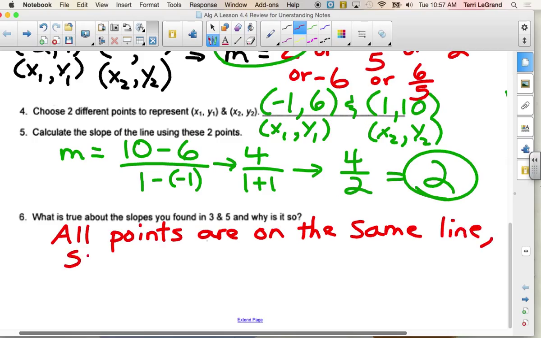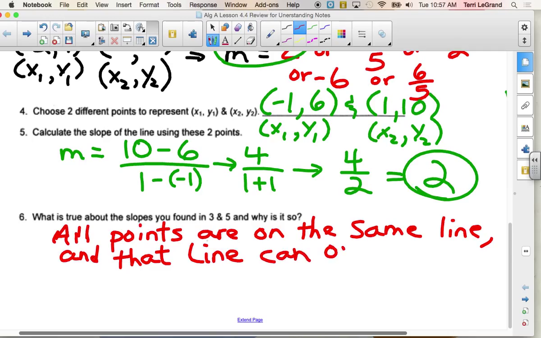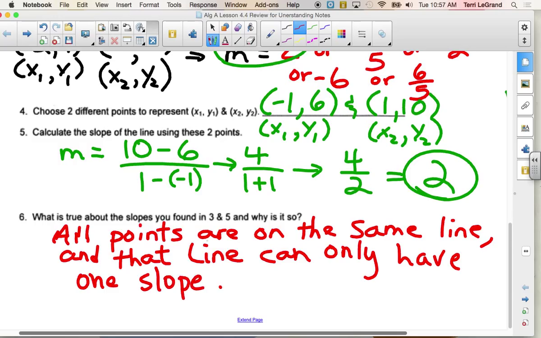that line can only have one slope. It's not like those line segments we did when we did rate of change, and we had different rates of change.